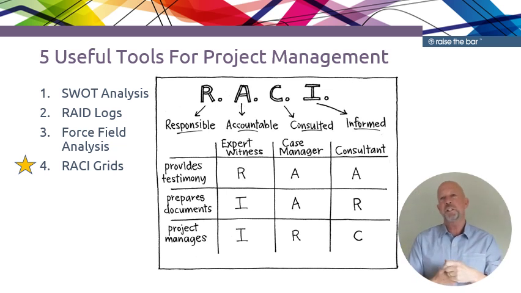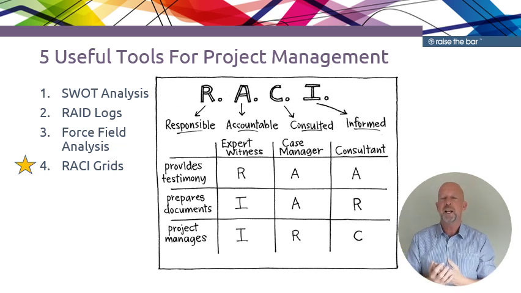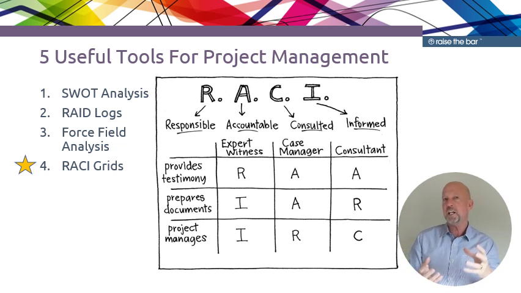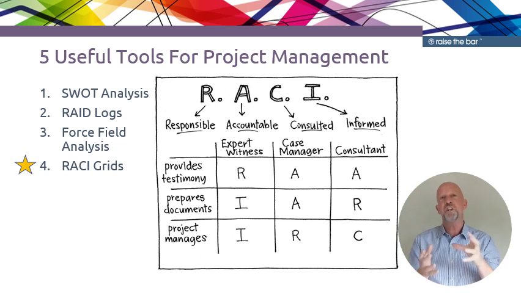So responsible is somebody given a task to do within the team. Accountable is the person ultimately who has ownership of that and who will carry the ultimate authority for it, essentially. So these are usually fairly senior project sponsors who it's in their interest to make sure the project is delivered.